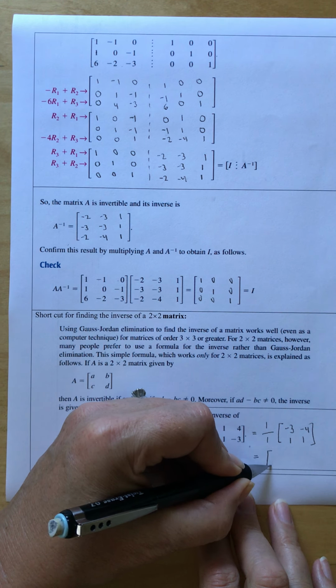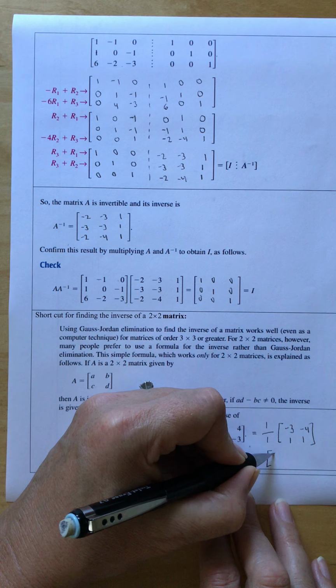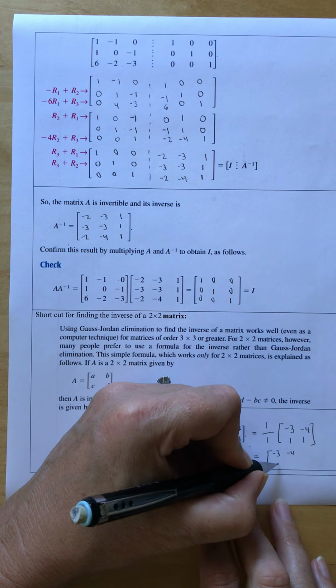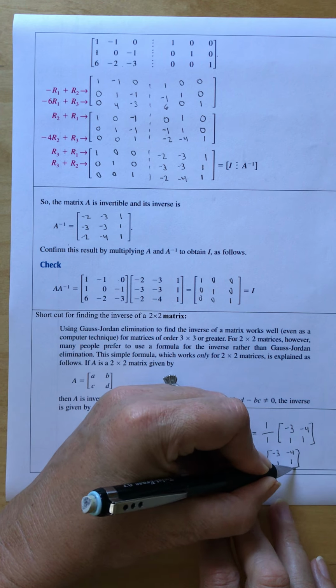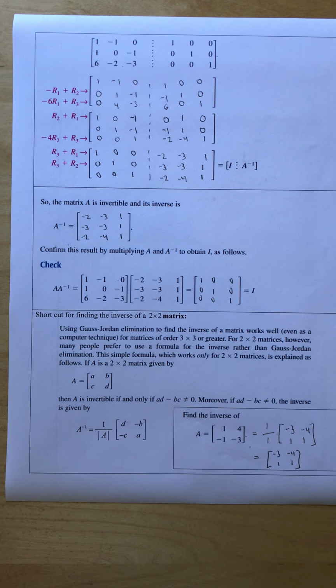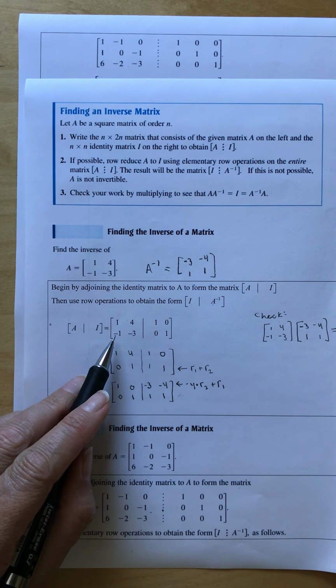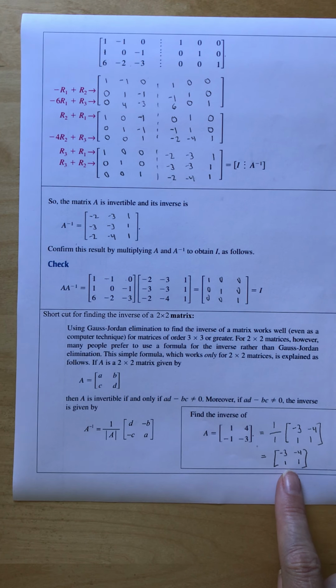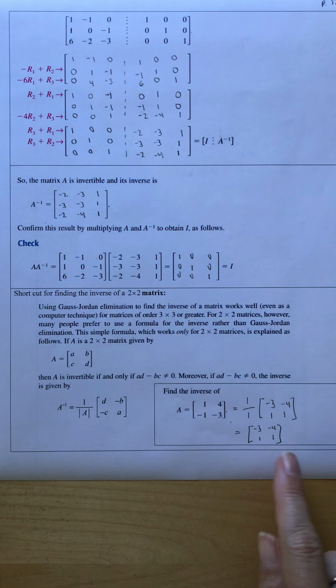So that is a shortcut for finding the inverse of a 2 by 2 matrix, which is a lot less work than what we did here. This is the same matrix, and here was our inverse, and there's the inverse with the shortcut. So there's one good application of the determinant.